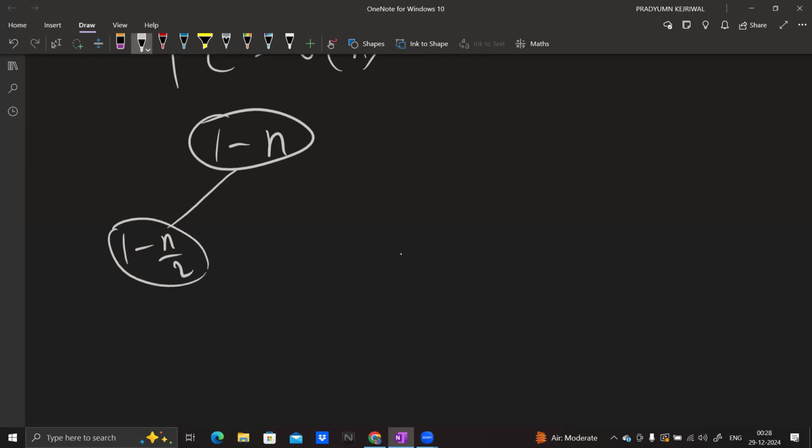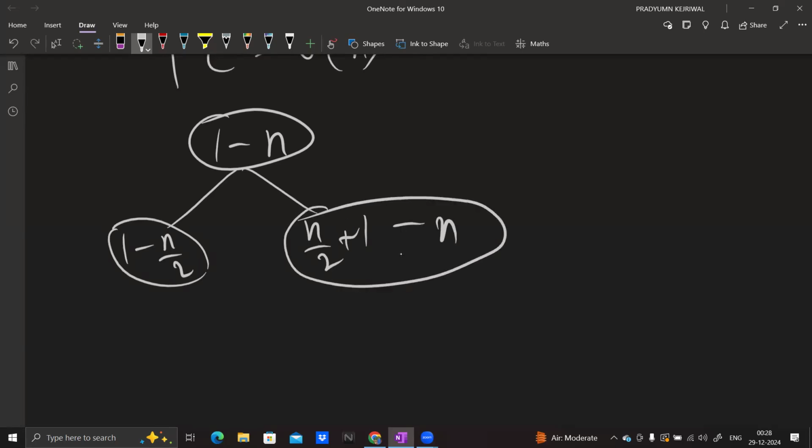So, why is it O(n)? Because basically, for calculating 1 to n, we are calculating first 1 to n by 2 and n by 2 plus 1 to n. So we are divided into two parts.